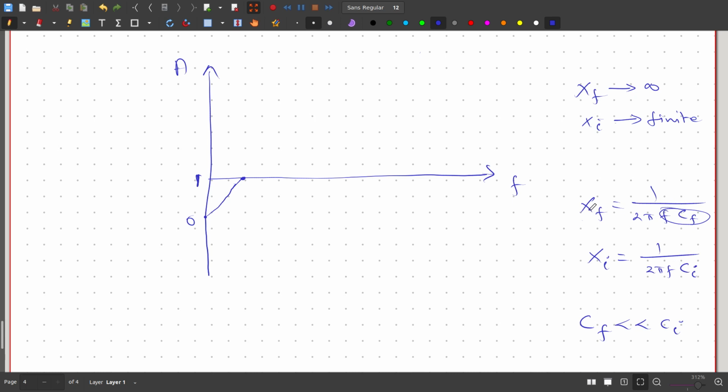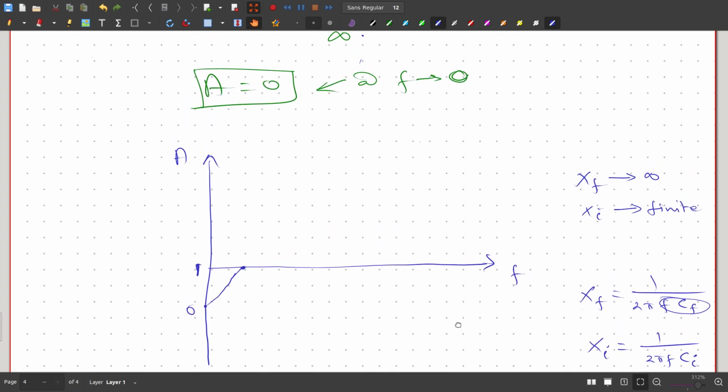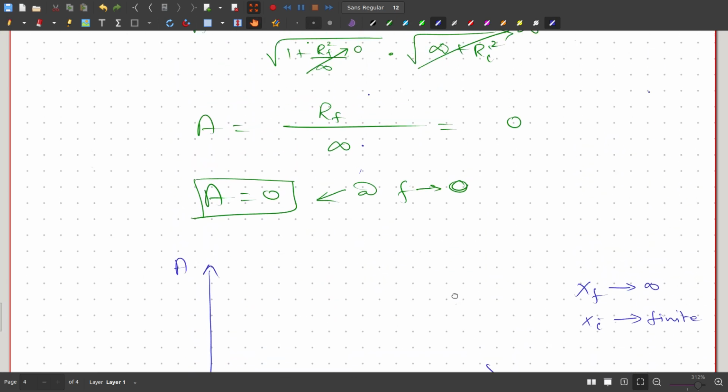Therefore this Xf is still a very high value, whereas this Xi is somewhere in the finite range. So that can be approximated from this equation.